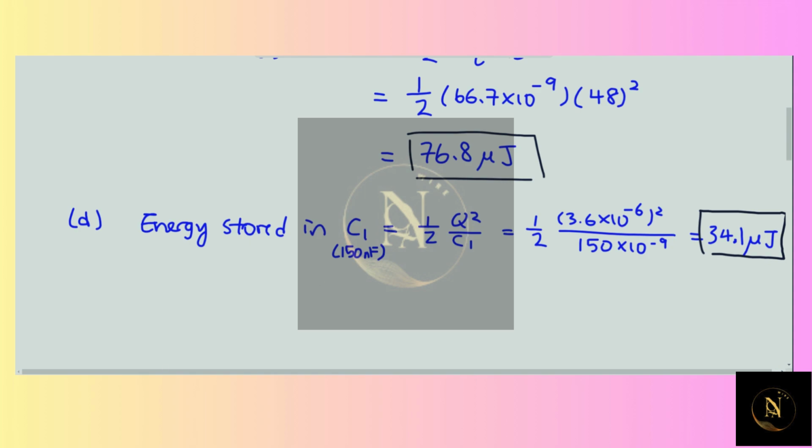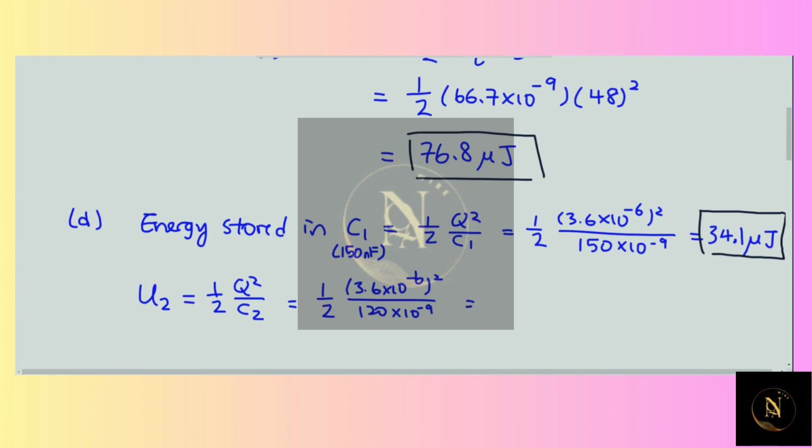Next we calculate the energy stored in C2. I'm just going to write it as U2. It's half Q squared over C2. Half times 3.2 times 10 to the negative 6 squared divided by 120 times 10 to the negative 9.